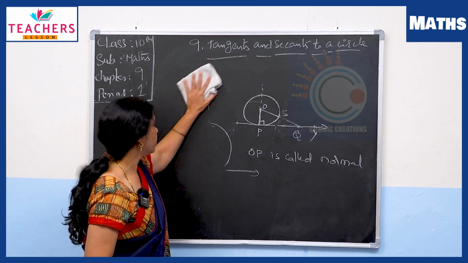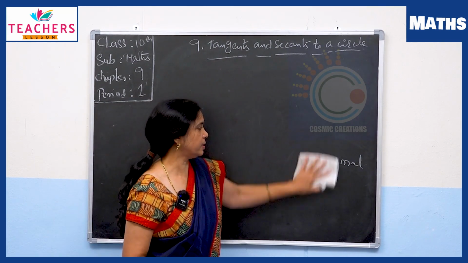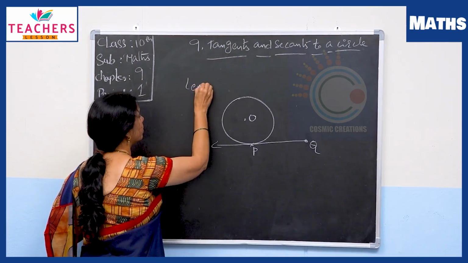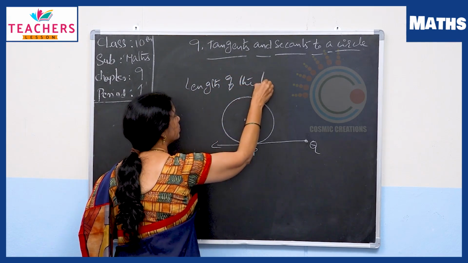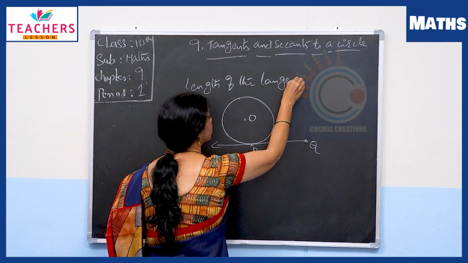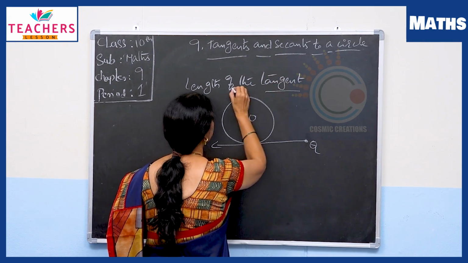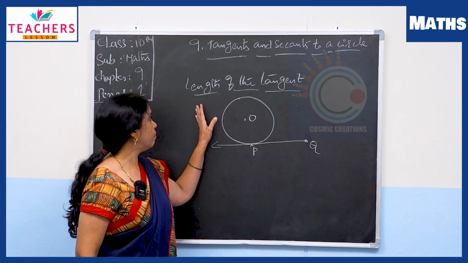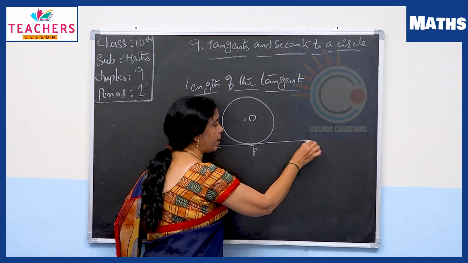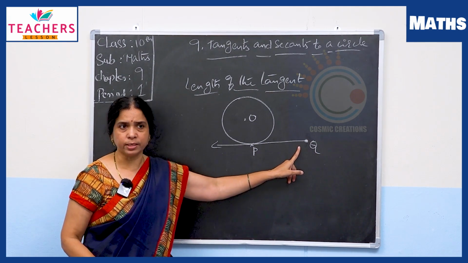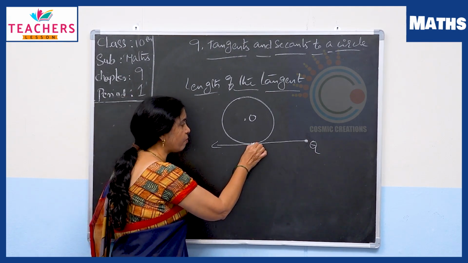Now, what is the length of the tangent? Length of the tangent means the distance from an end point of the tangent to the point of contact.